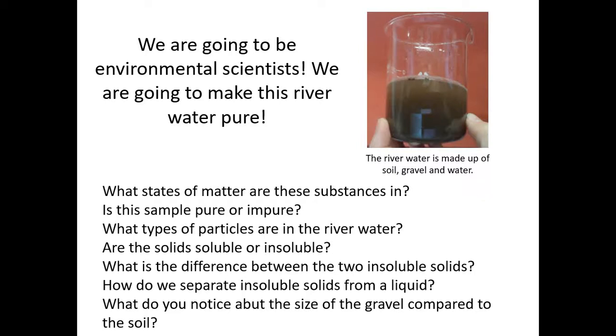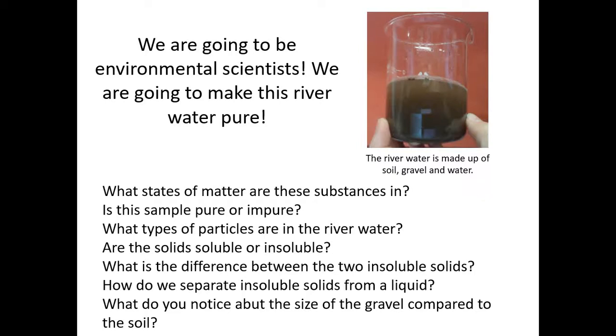Are the solids soluble or insoluble? Now, soil is insoluble. However, some of it might look as if it's soluble because it might discolour the water. Okay, but we're going to say that solid is insoluble, and we're also going to say the gravel is insoluble. It doesn't dissolve.